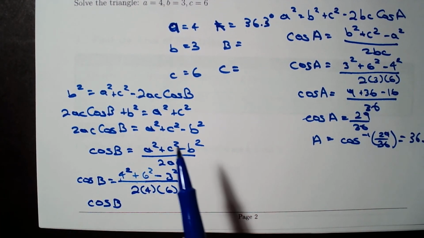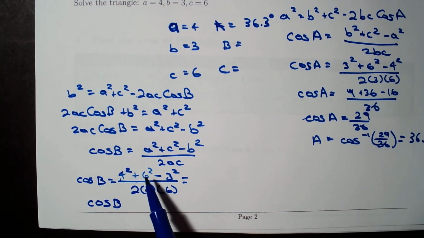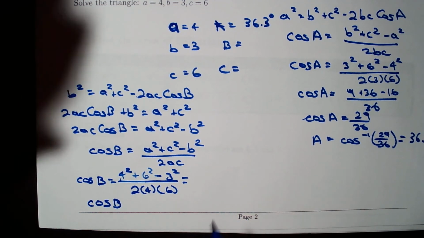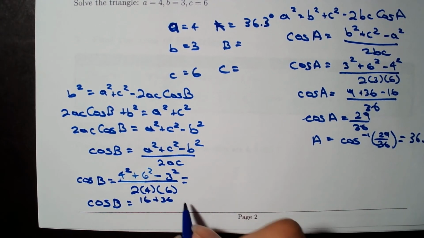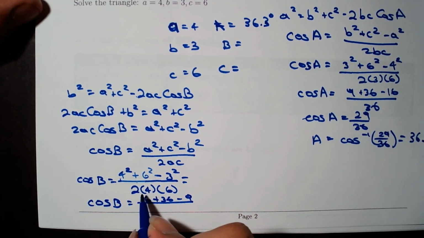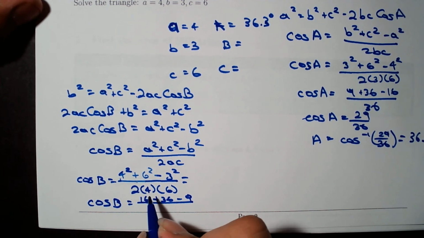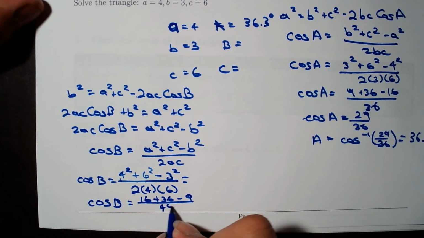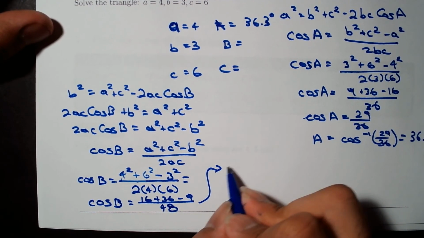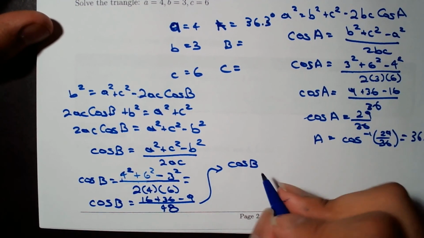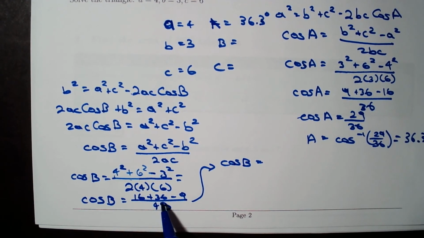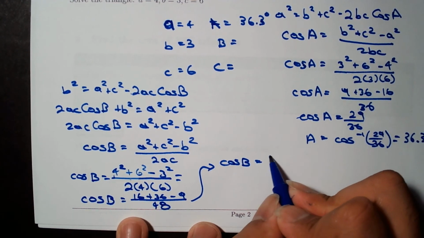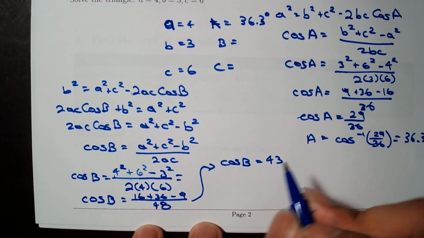Simplifying this, it's going to be 16 plus 36 minus 9 over 6 times 4, 24 times 2, that's 48. Combining this together, cosine of B will be 16 plus 36, that's 52, minus 9, that's 43.